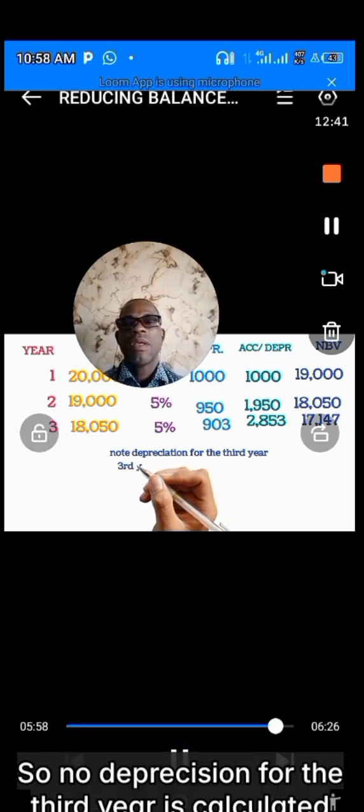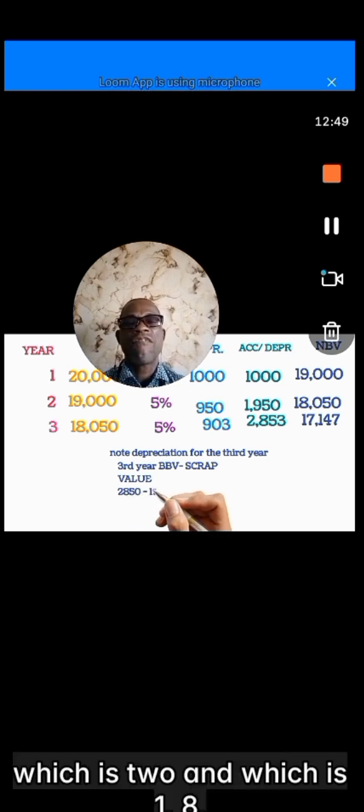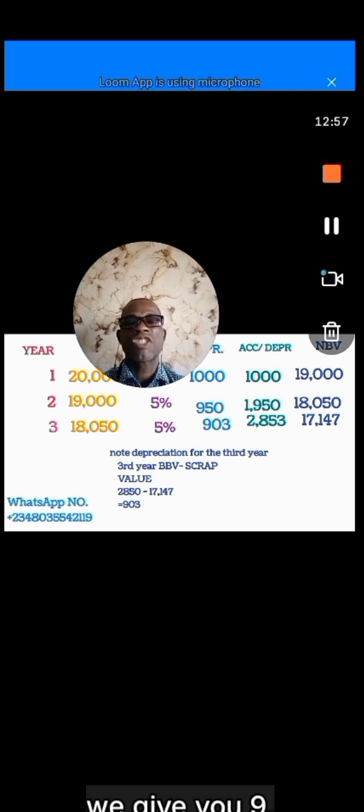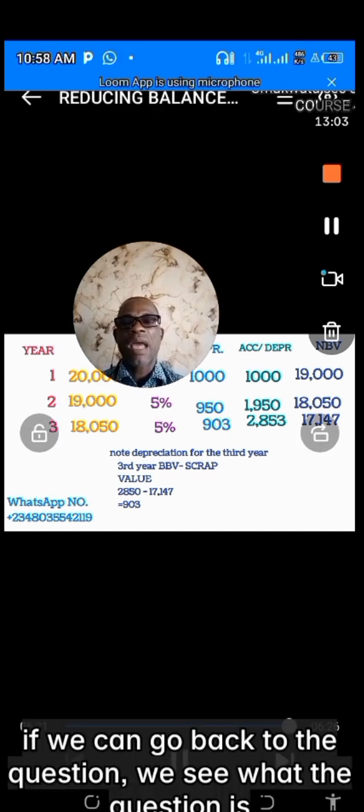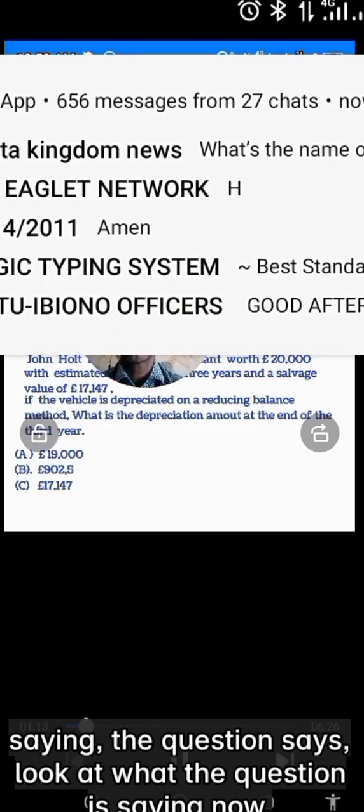So depreciation for the third year is calculated with the beginning book value for the third year minus the scrap value, which is 18,050 minus 17,147. That gives you 903. As you can see now, if we go back to the question, look at what the question is saying.